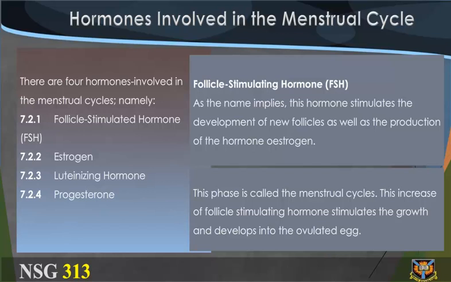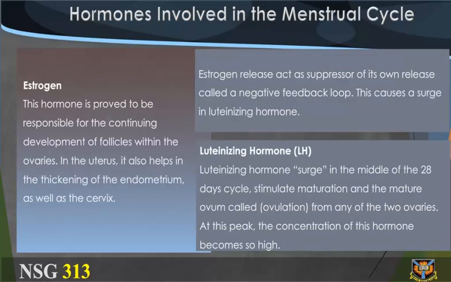This phase is called the menstrual cycle. This increase of follicle stimulating hormone stimulates the growth and development of the ovulated eggs. Estrogen. This hormone is responsible for the continuing development of follicles within the ovaries.